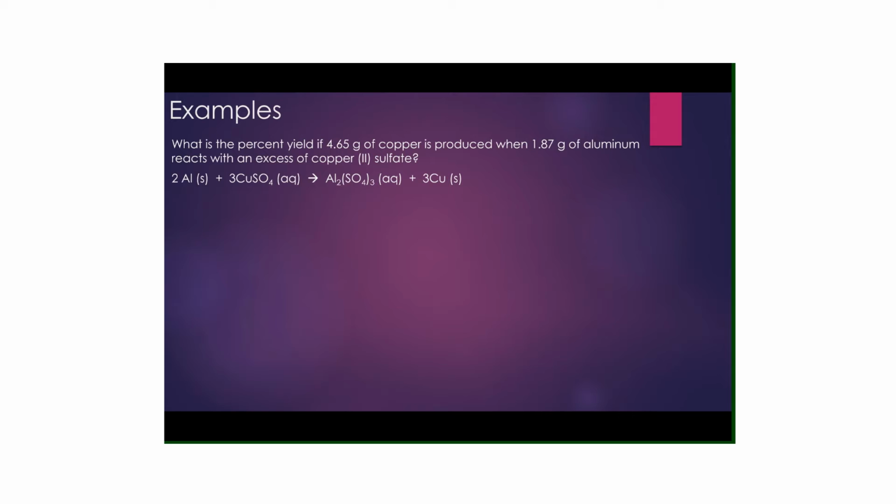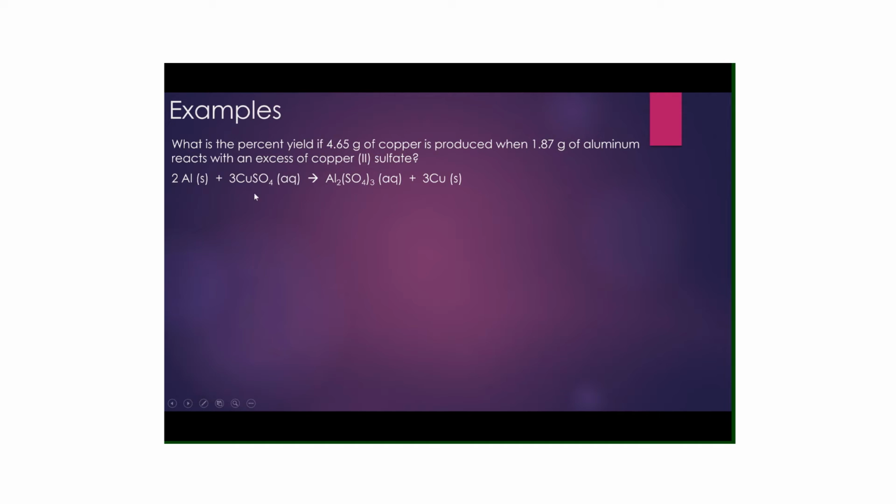Let's take a look at some real chemistry examples. What is the percent yield if 4.65 grams of copper is produced when 1.87 grams of aluminum reacts with an excess of copper sulfate? As with all stoichiometric problems, this starts with a balanced chemical equation. So here we are.